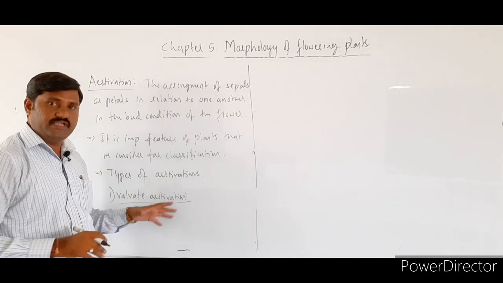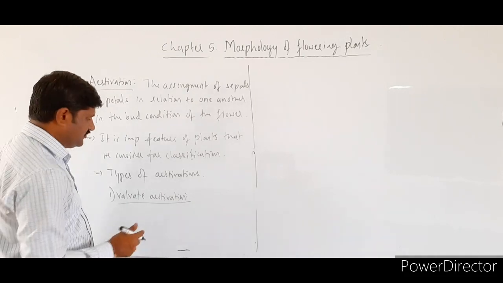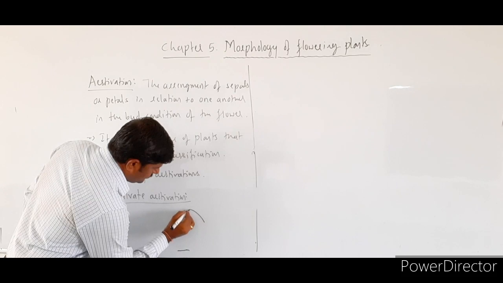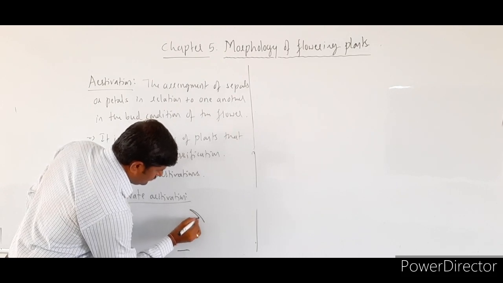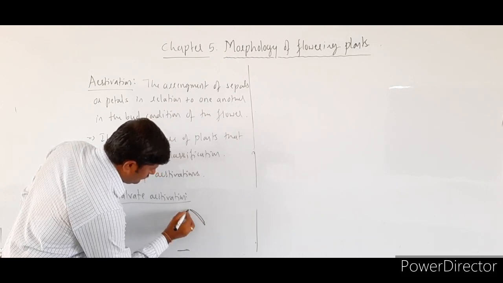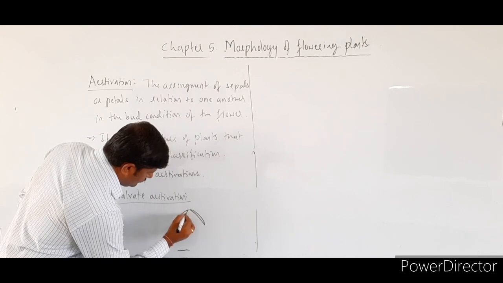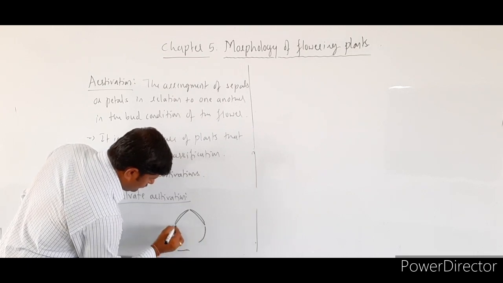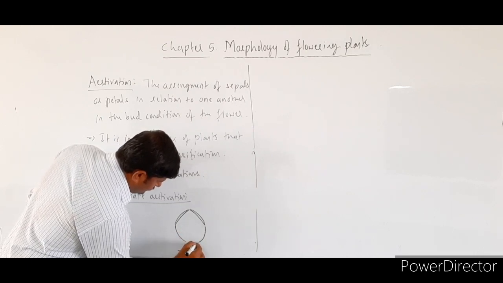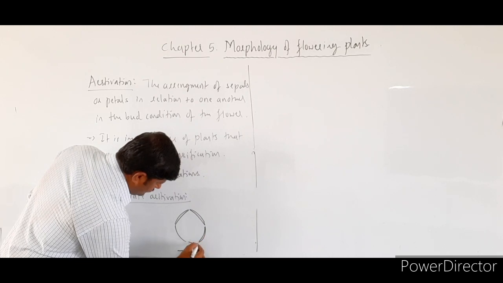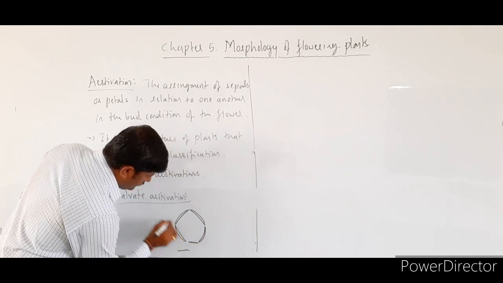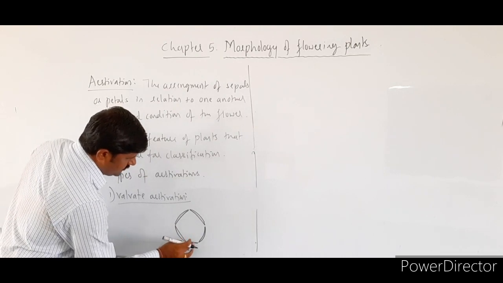See here, we indicate it diagrammatically in this way. So this is called valvate estivation.